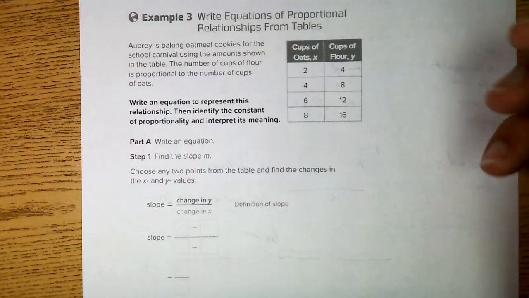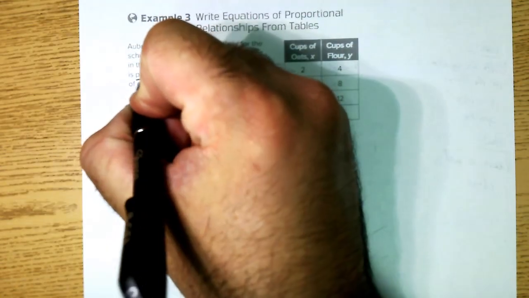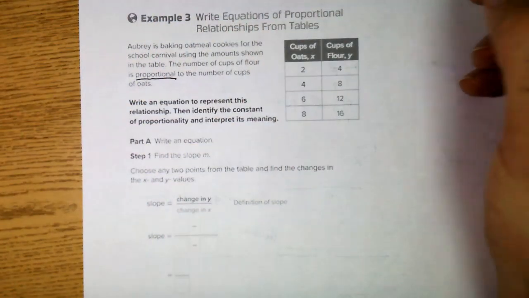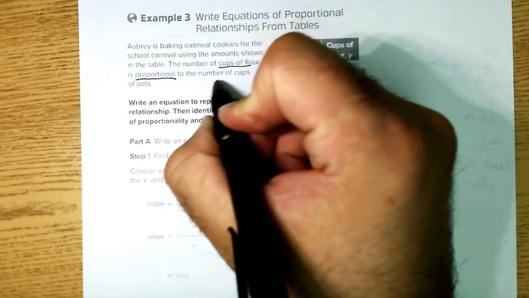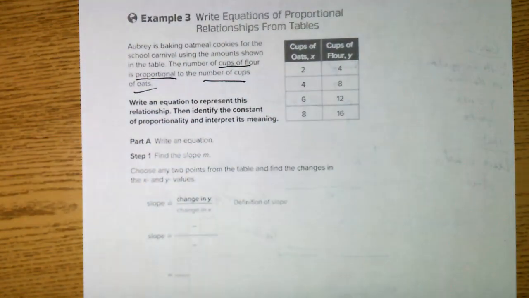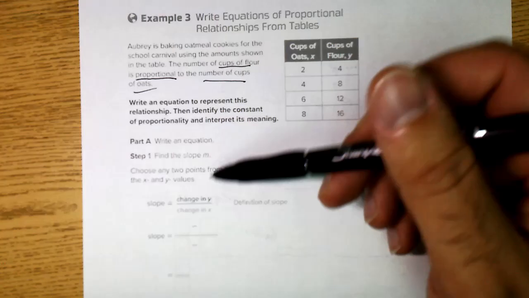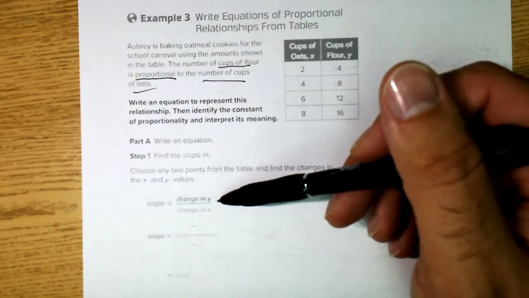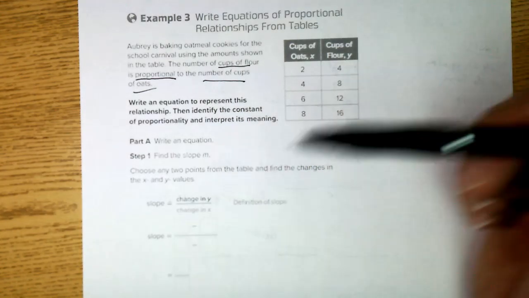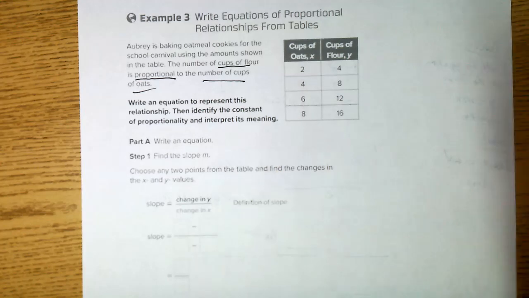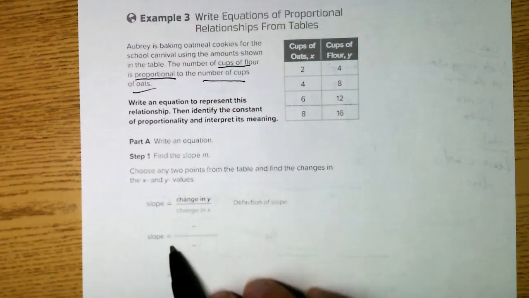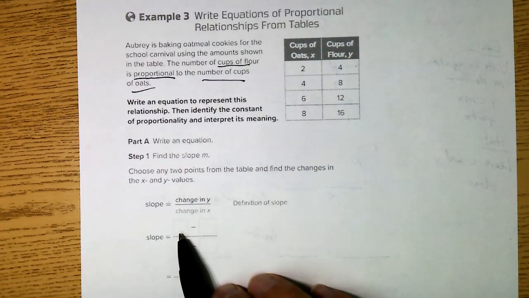So again, we have our proportional word. Cups of flour, cups of oats. They gave us a table, x and y. If we remember our slope formula, it's y over x. Always y over x. So we're going to use that slope formula.